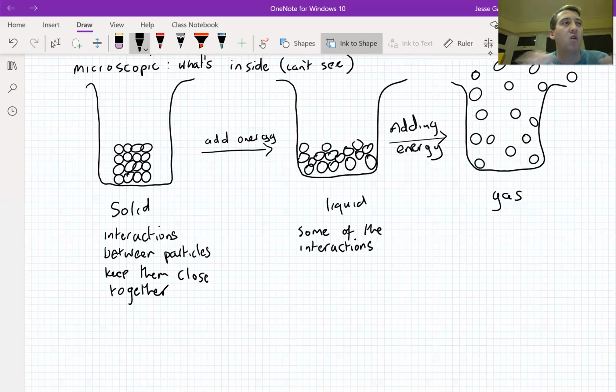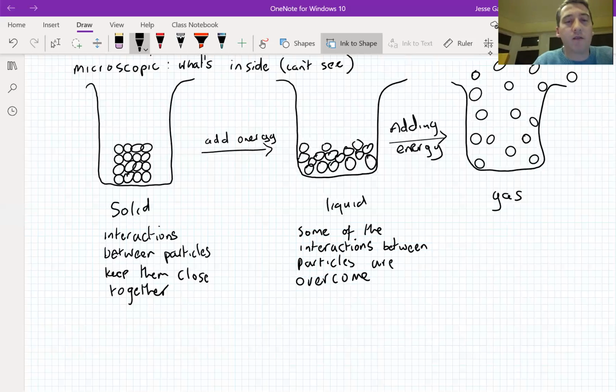There's enough energy to overcome them so that they don't become as important anymore. Okay, so some of the interactions between particles are overcome. That's what's happened when it's turned into a liquid.